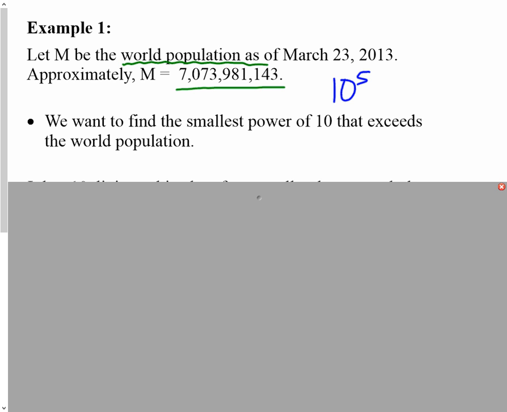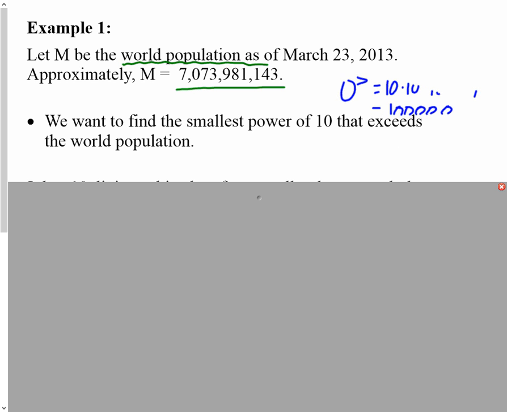So let's think about what 10 to the 5th power means. 10 to the 5th power means 10 times 10 times 10 times 10 times 10. Or the shortcut you may know is you just put a 1, and since it's 5 tens, there's going to be 5 zeros after it. 1, 2, 3, 4, 5. And let's put the comma in every 3, moving from the right. So that's actually only 100,000. So we want it to be bigger than that.